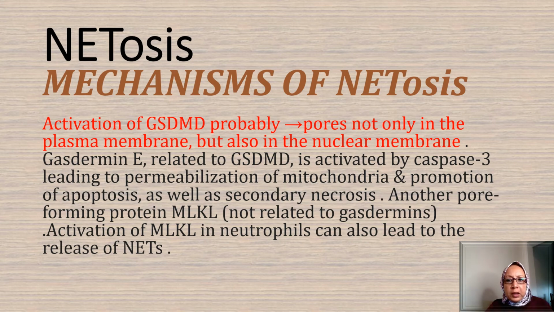Another pore-forming protein is called MLKL. This one is not related to gasdermin, and activation of MLKL in neutrophils can also lead to release of NETs outside to the environment.